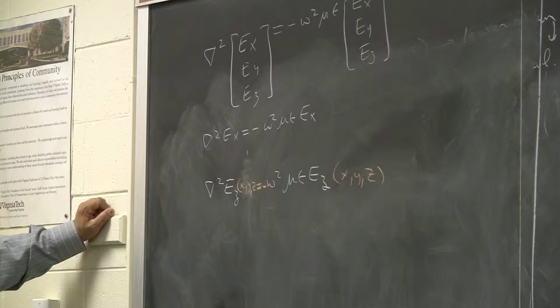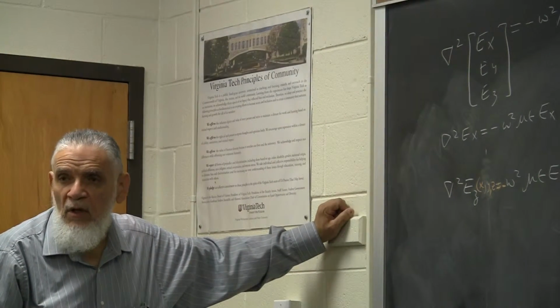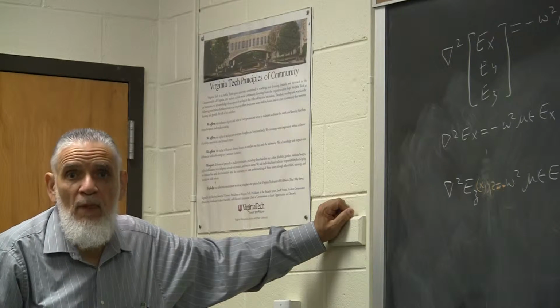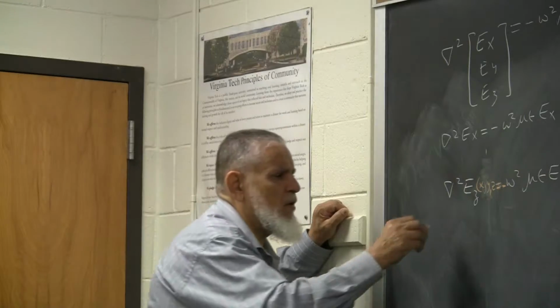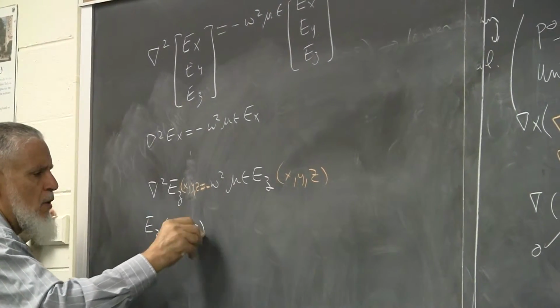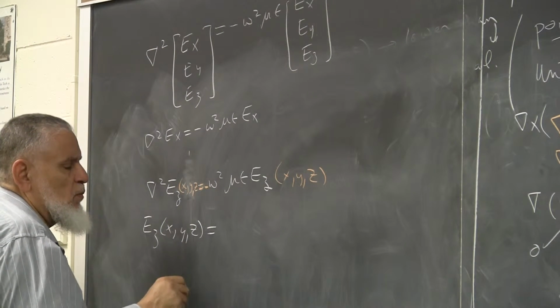If you have a function of variables and you don't expect any interaction between those variables, then you can assume your function to be the product of 3 separable functions.